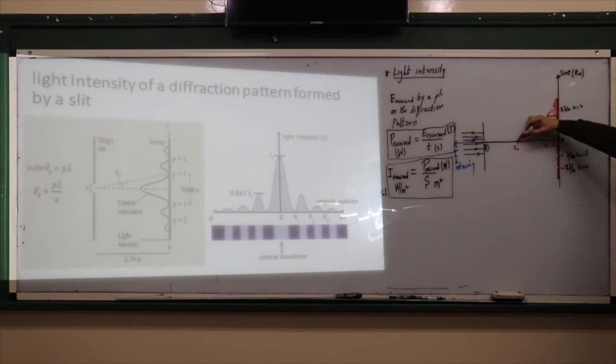So similarly here, the intensity decreases from maximum to 0. Then it increases to become maximum at the center, till intensity I2.